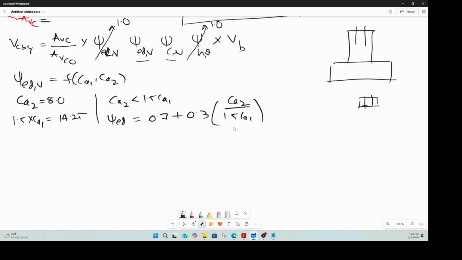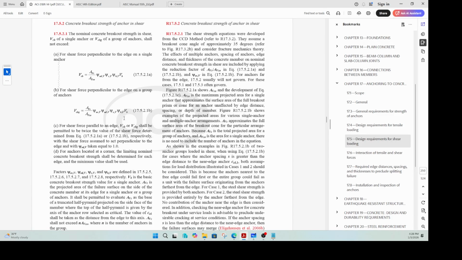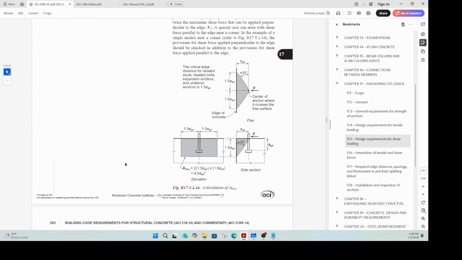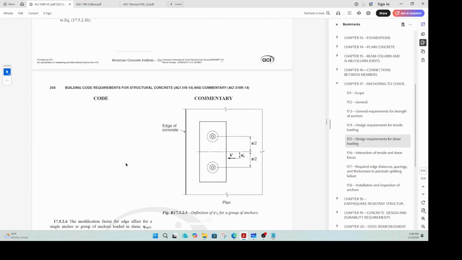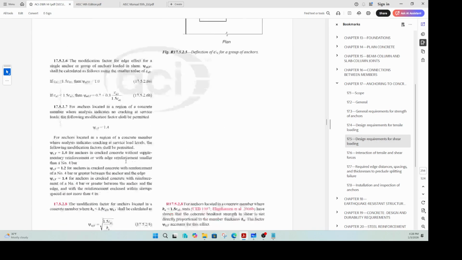Let's go back. So all the modification factors are here. So see, if I go down, right? So this is where you have your ED modification factor. If you see that, this is about CED comma V modification factor for edge effects.